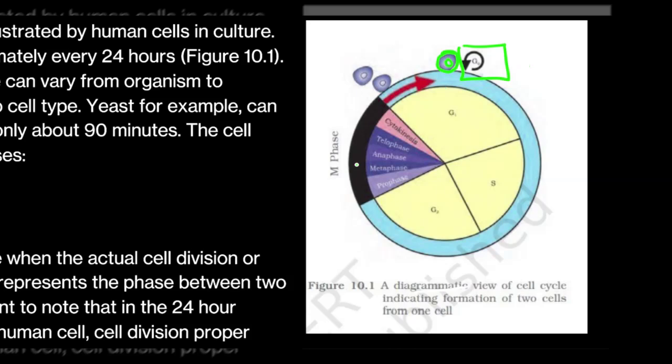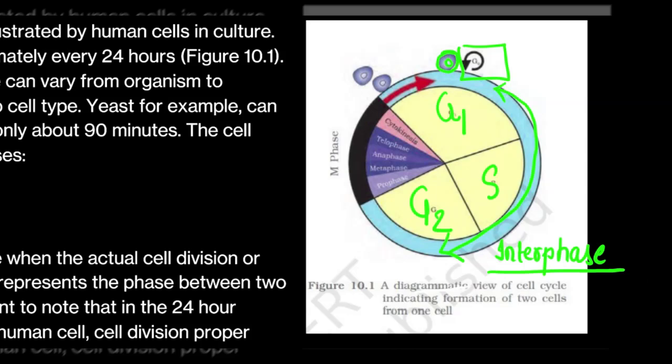This whole cell cycle is divided into phases. First is the G1 phase, second is the S phase, third is the G2 phase. And G1, S, G2 together are called interphase, that I told you in the very first slide. That interphase is the preparatory phase.